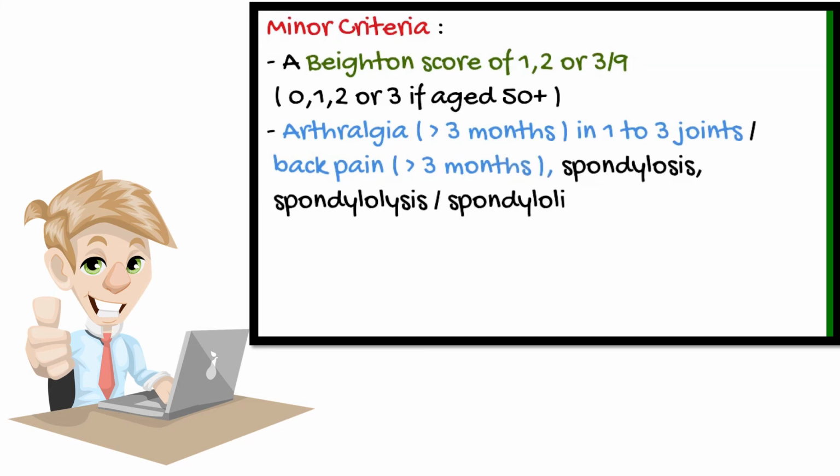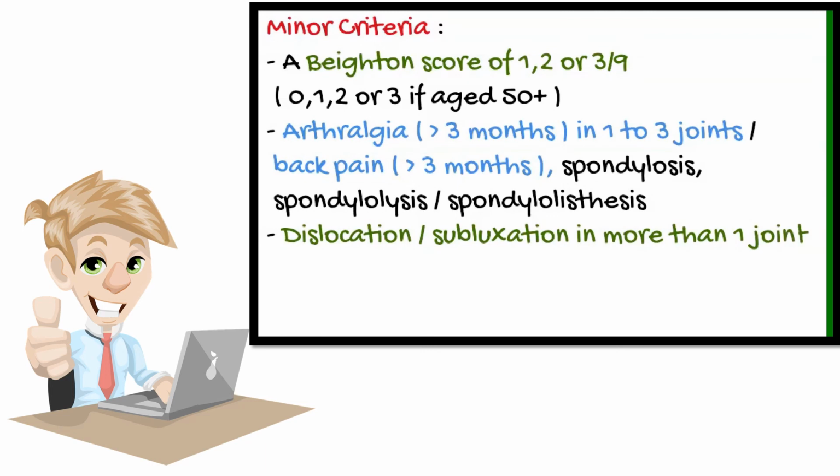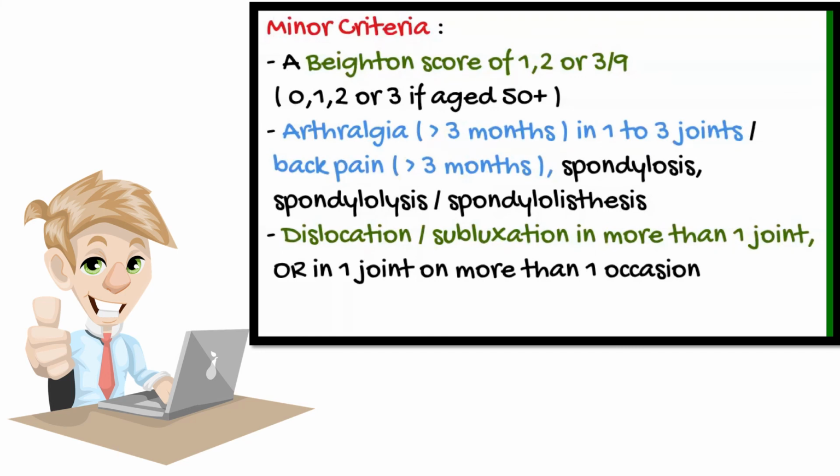There is arthralgia more than 3 months in 1 to 3 joints or back pain more than 3 months. The back pain can be diagnosed as spondylolysis, spondylolisthesis, dislocation or subluxation in more than one joint or in one joint on more than one occasion.